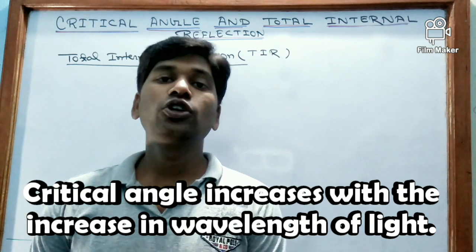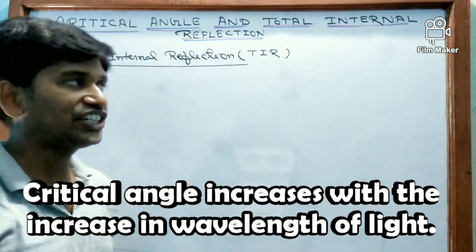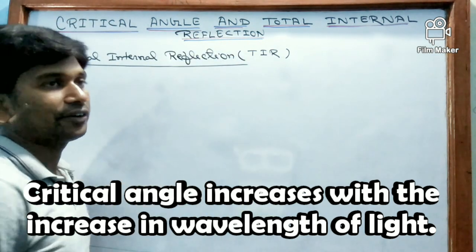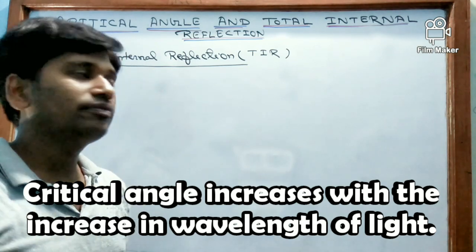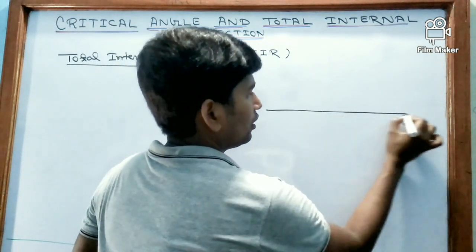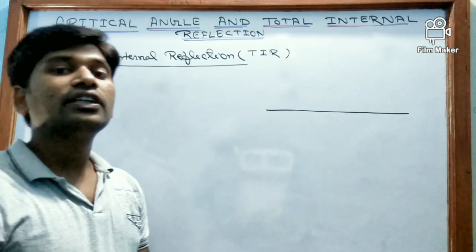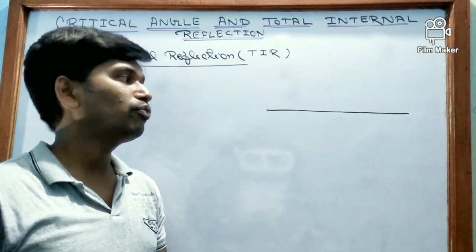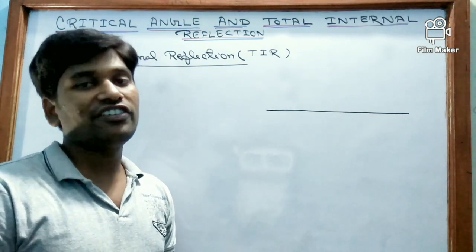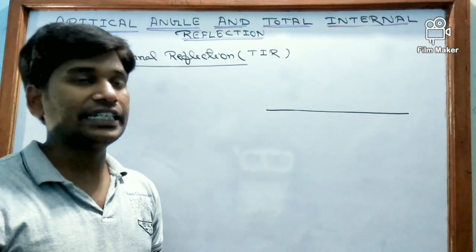Now let us see total internal reflection, TIR. As we have seen, for the critical angle, the angle of refraction becomes 90 degrees.